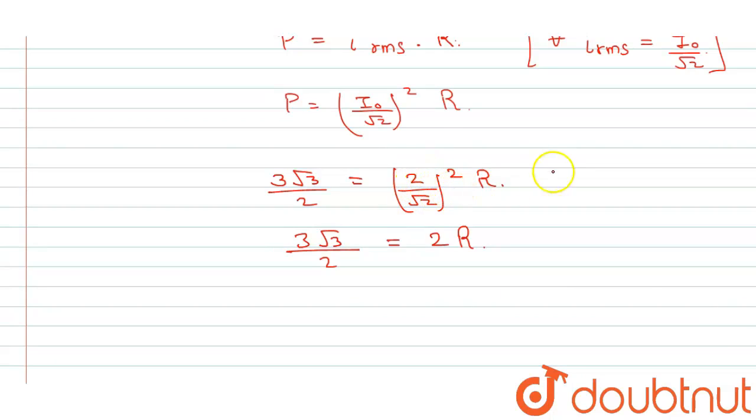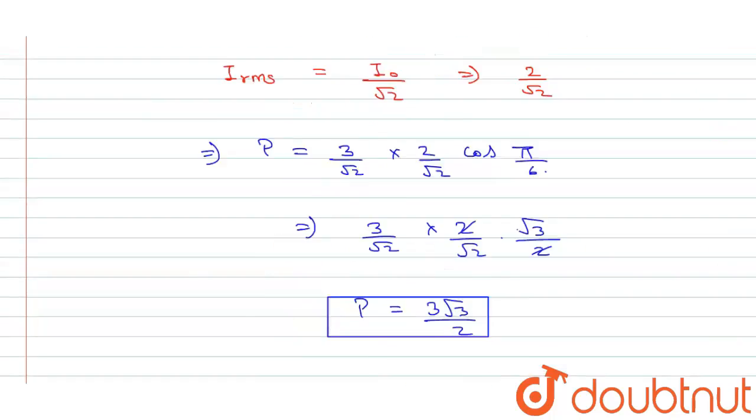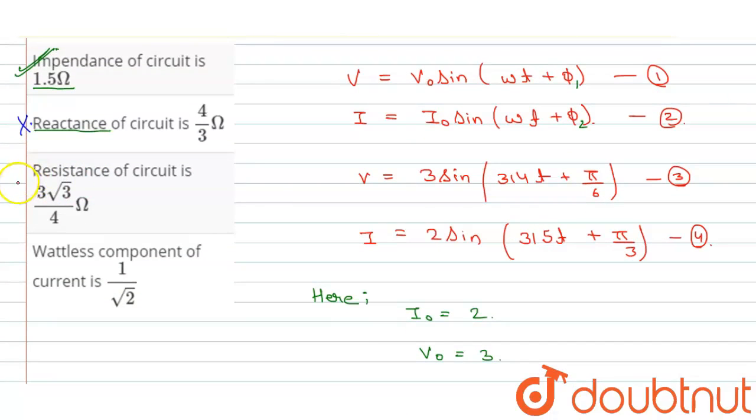So it will be 3 root 3 by 4 is equal to R. So the value of resistance in the circuit is 3 root 3 by 4 ohm. Okay, so now let's check our options. Here option C is also correct.